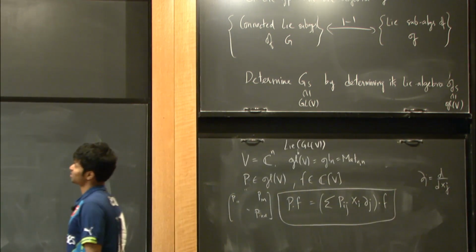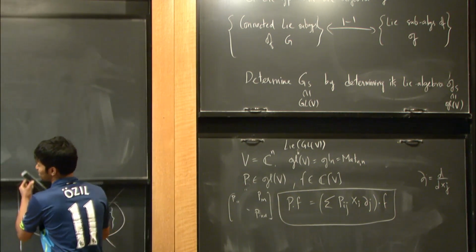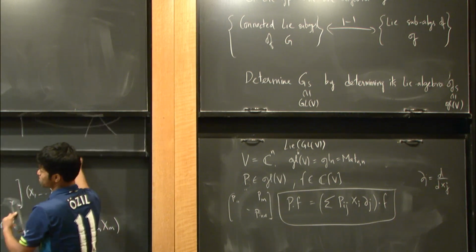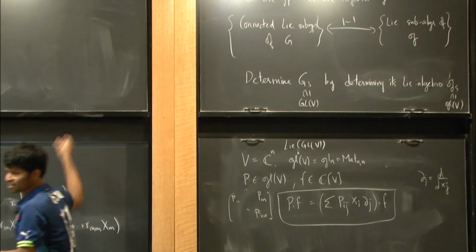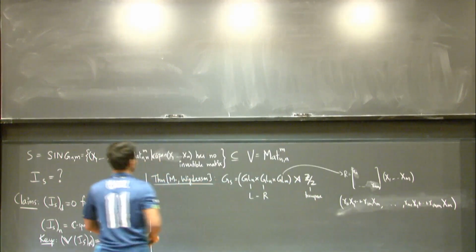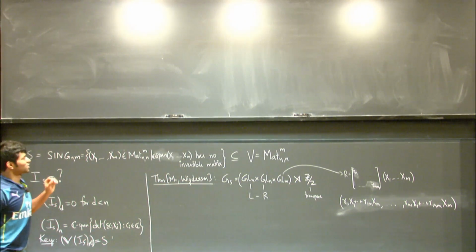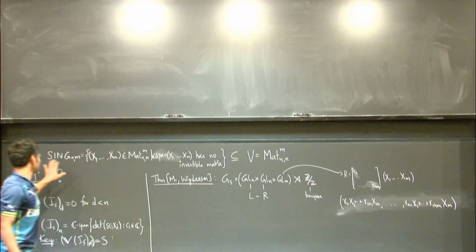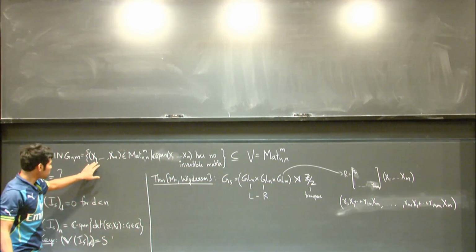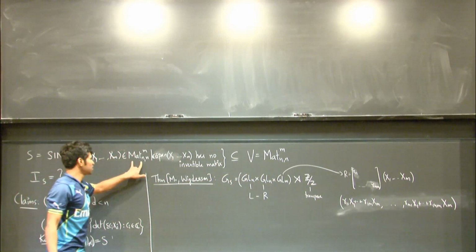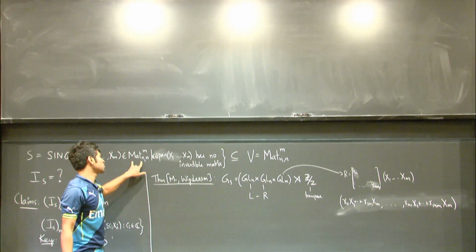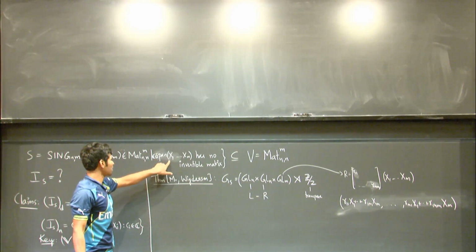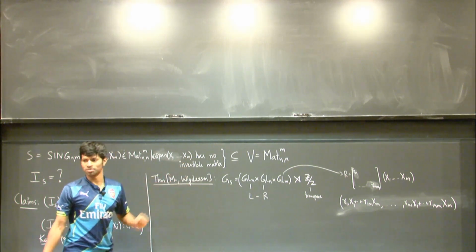Okay, so we had this vector space of m tuples of n by n matrices, and I had my subset inside that, which was all m tuples of matrices. I had written it a different way, but here's another way to look at it: the complex span of these matrices has no invertible matrix.